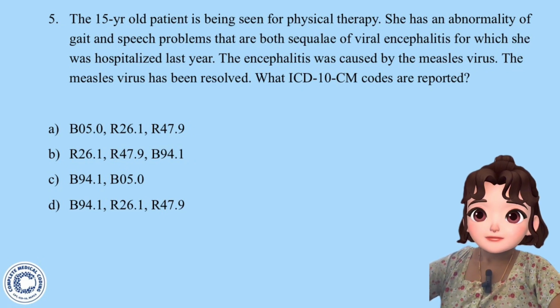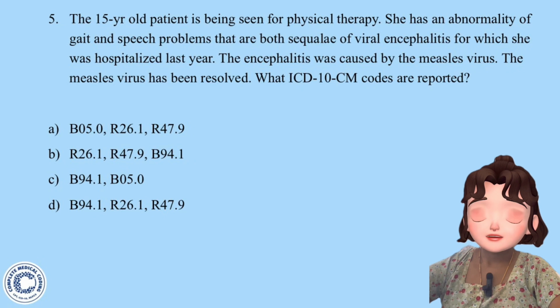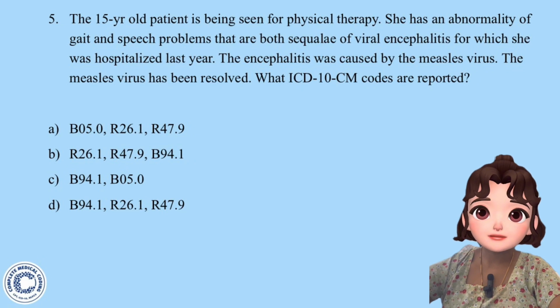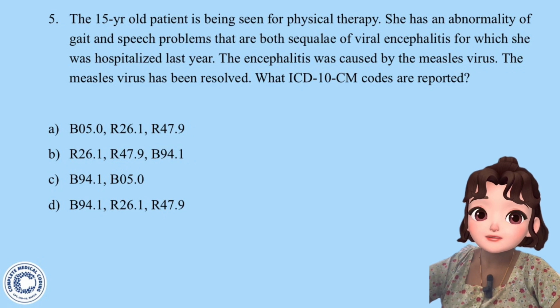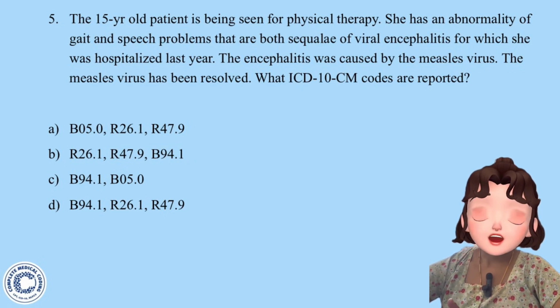So let's move to option B, which is the same as in option A also. R26.1. What is R26.1? Paralytic gait. Yes, you have to code for the gait because the patient is right now here for physical therapy. You have to code gait and speech problem both. Either of these two should be the primary diagnosis.